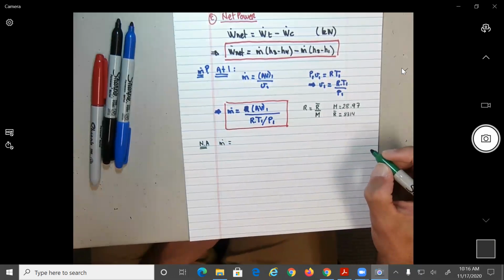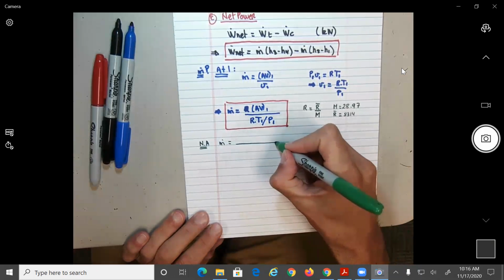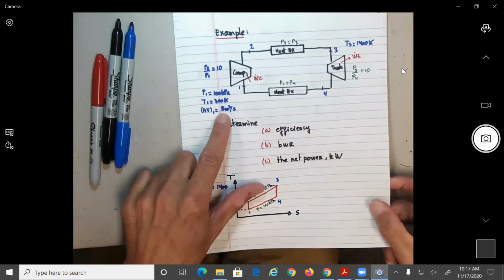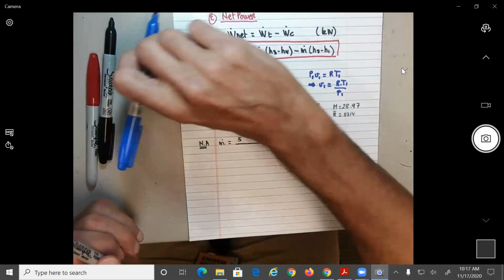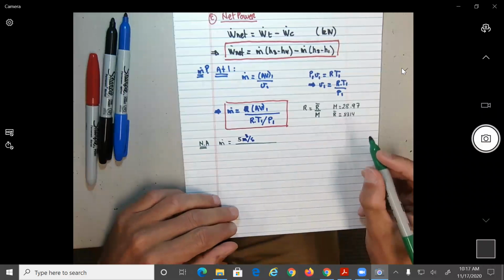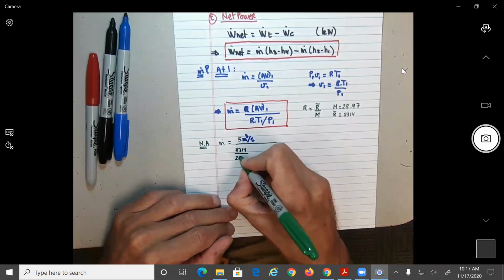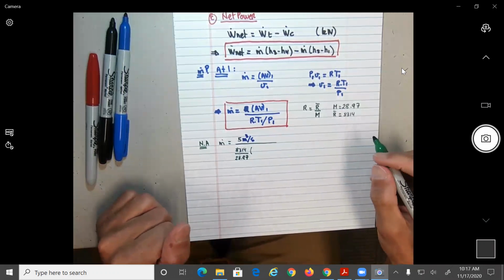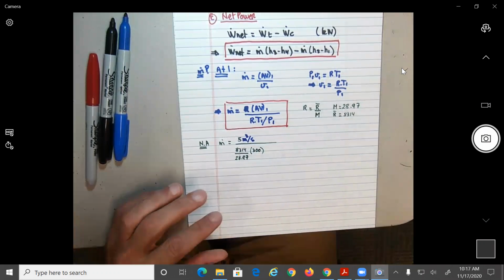So if we do a numerical application, looks like this is going to be AV1 was equal to 5 cubic meters per second. So let's break over the units. 5 cubic meters per second divided by R, which is 8,314 divided by 28.97 times T, that should be in Kelvin. T1 is given to us in Kelvin, which is 300. Okay, from here.